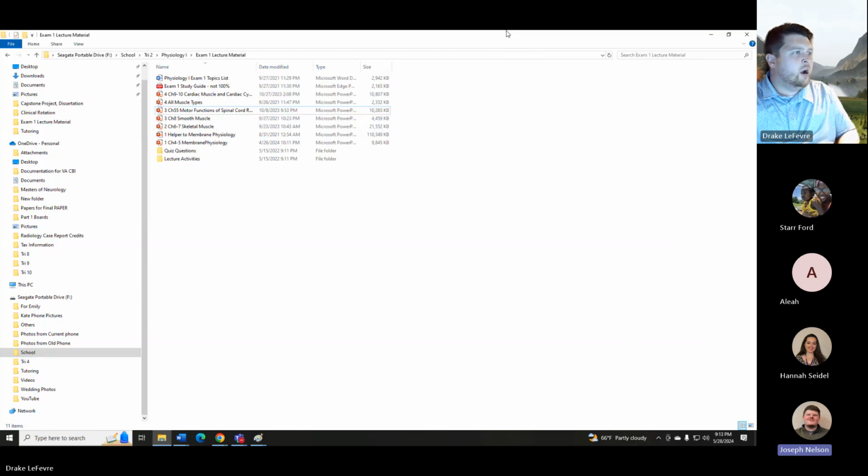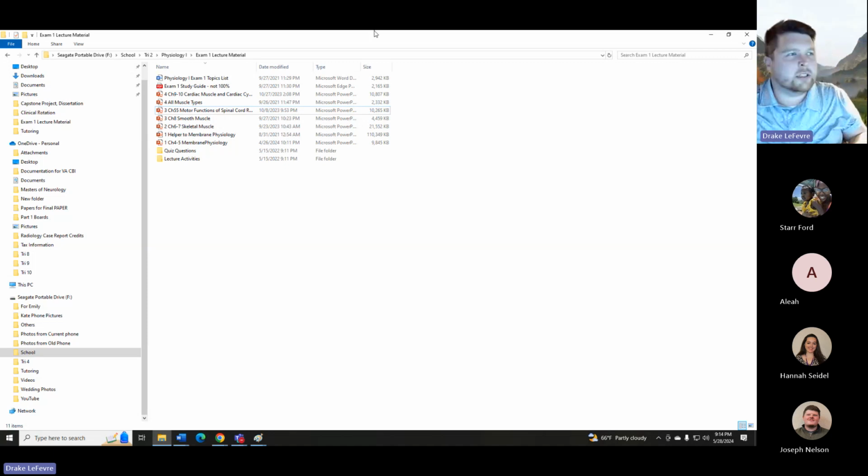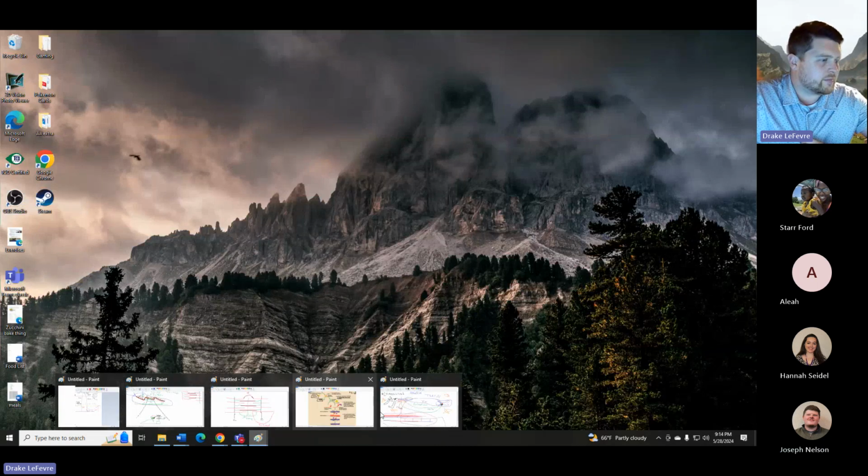So could there be a Renshaw cell on both of the motor neurons, or just the alpha one that goes to the quads? Because when we do these drawings, we're looking at a very selective, teeny tiny piece of the whole thing.